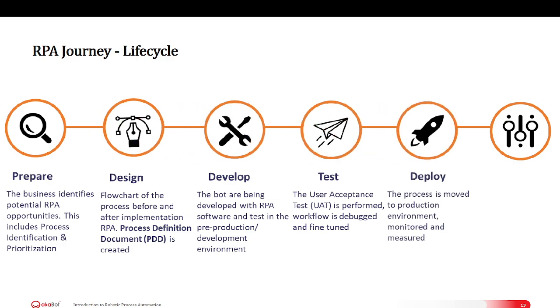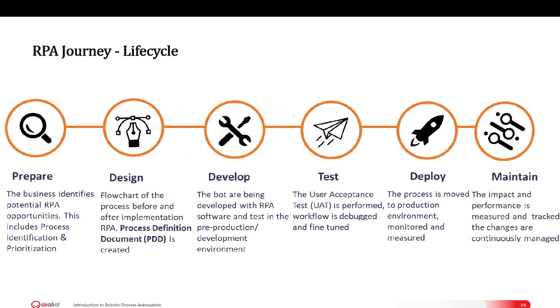Then deploy. The process is moved to the production environment, monitored and measured with all the predefined metrics. That needs to be accepted by the business user, the developer, as well as the business analyst. Very lastly, it needs to be maintained. The impact and performance are measured and tracked. The changes are continuously managed.